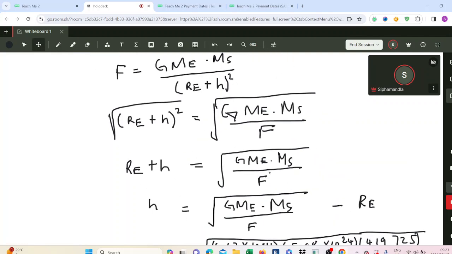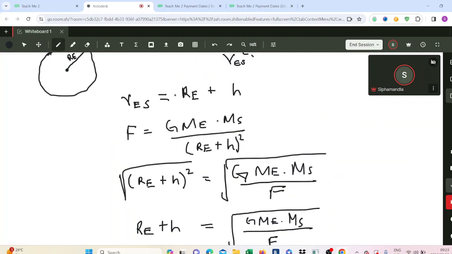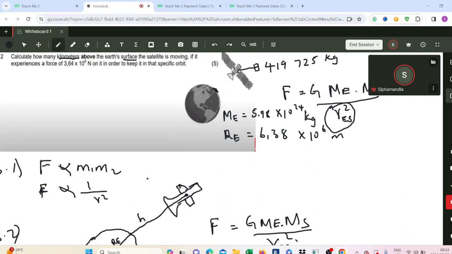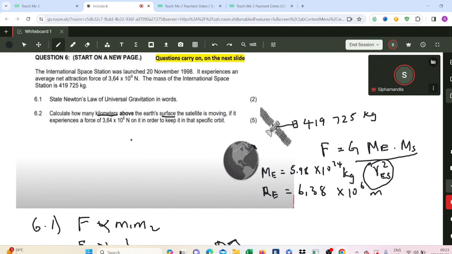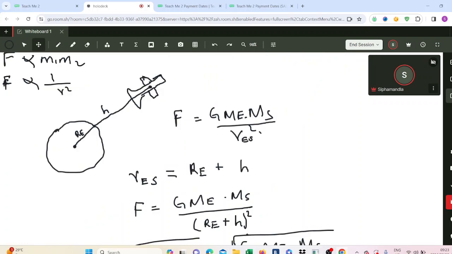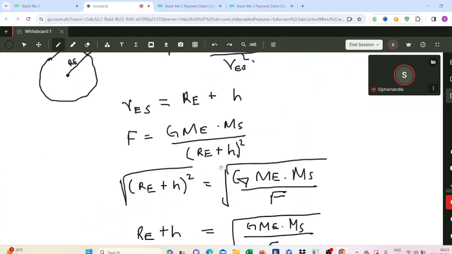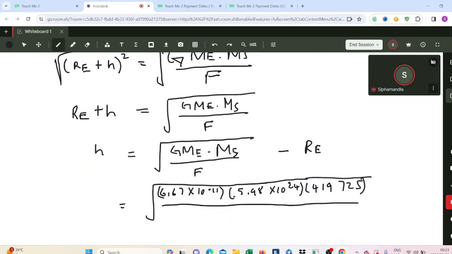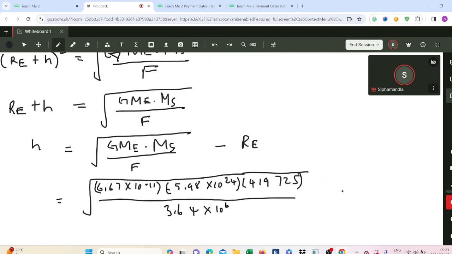So the force that was given here is 3.64 times 10 exponent 6, minus the radius of the earth, which is 6.38 times 10 exponent 6.